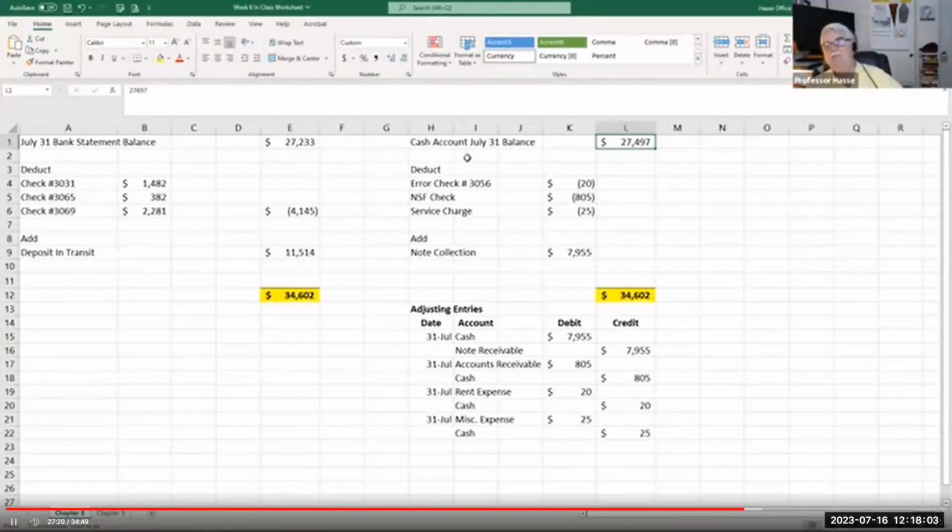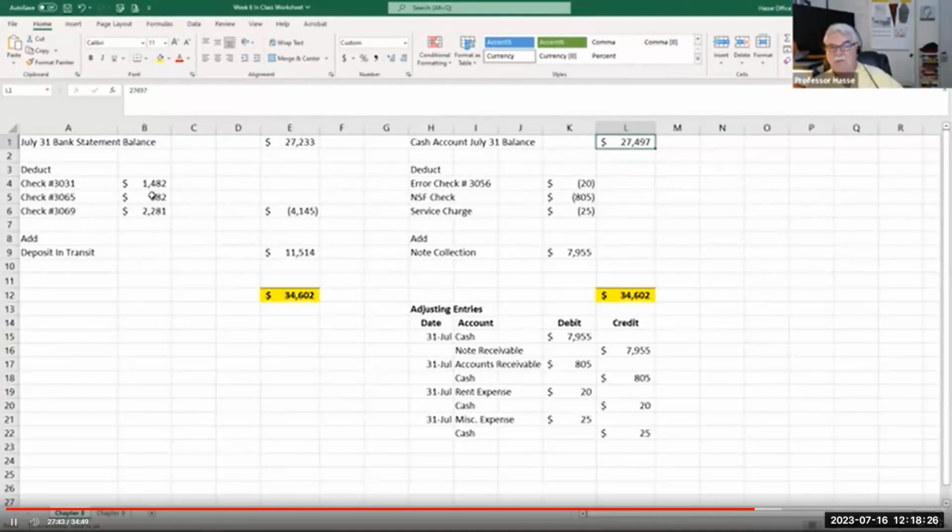If something appears in your cash account but has yet to be involved in your bank statement, you report it over here. Example, in my $27,497 cash balance are 3 checks that I have written that have yet to clear the bank. They haven't cleared the bank yet.